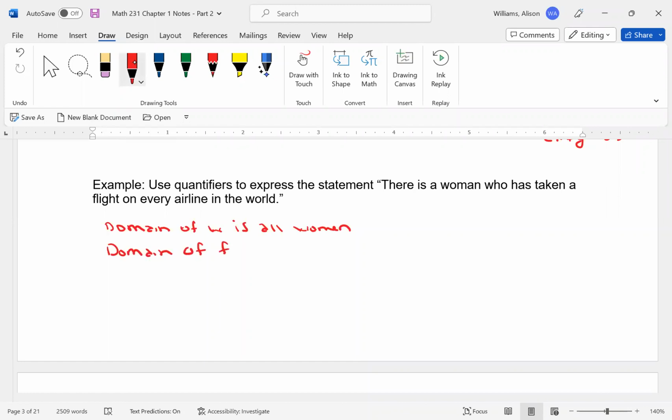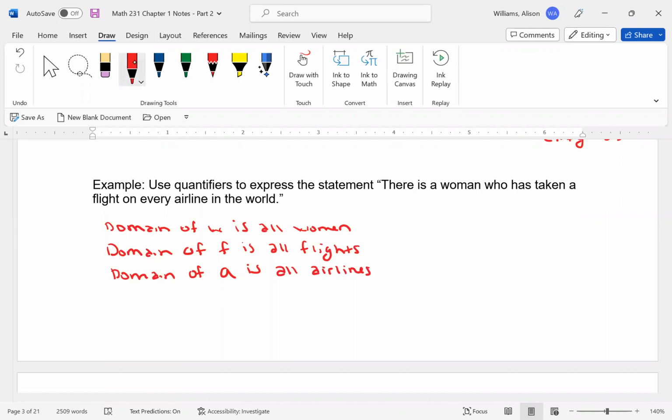So I use F for flight, is all flights. Of course, we're talking about planes, right? And then we were talking about specific airlines here. So we use A for airline, is all airlines. Okay, so there's our domain.